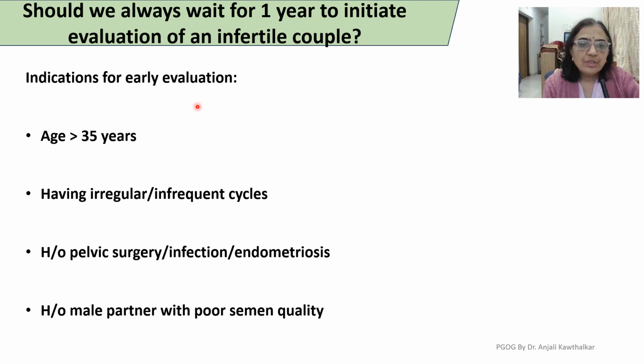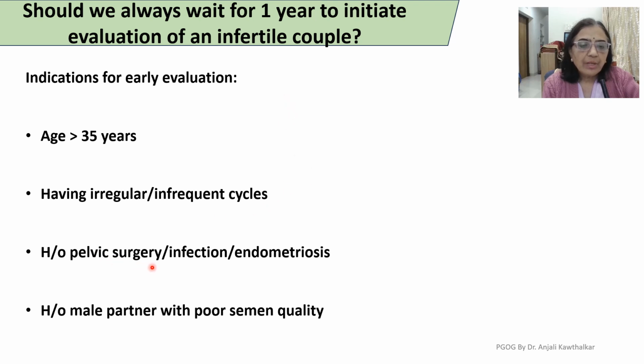There are certain indications for early evaluation. The most important is whenever the age of a woman is greater than 35 years, we can initiate the evaluation at the end of 6 months. Whenever the age is more than 40 years, we can initiate the evaluation immediately rather than waiting for 6 months. A woman having irregular or infrequent cycles, in that case also we don't wait for 1 year.